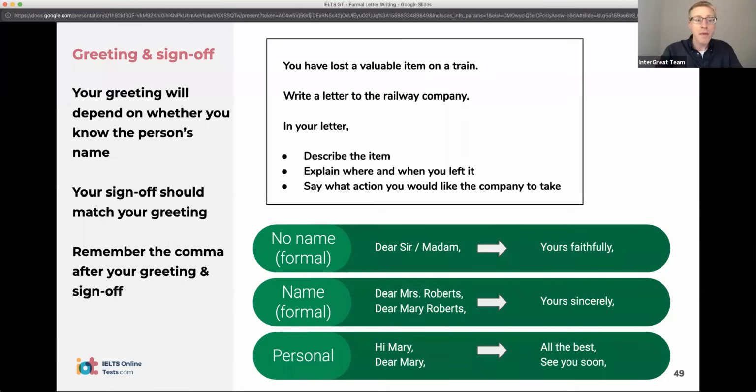Definitely, yeah. A question from Norenz, who is asking, I would like to know how many sentences make up 150 words. Well, that's going to depend on how complex your sentences are. In terms of the word count, the best thing to do is to practice writing these letters and count the words when you're doing the practice. Get an idea of what it looks like in your handwriting. And then when you come to the exam, you've written the right amount.